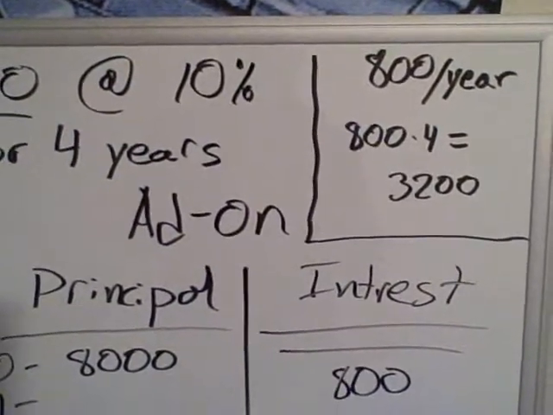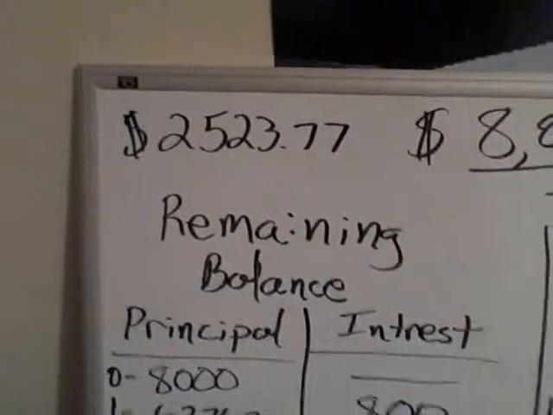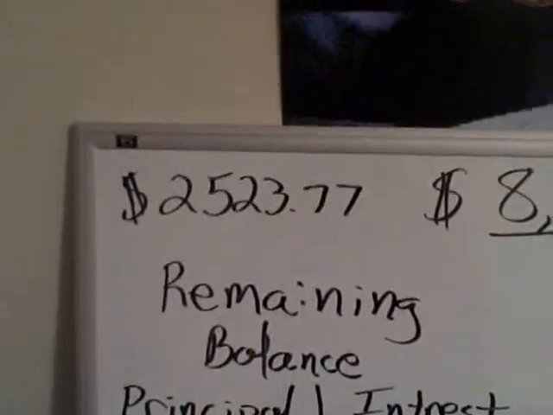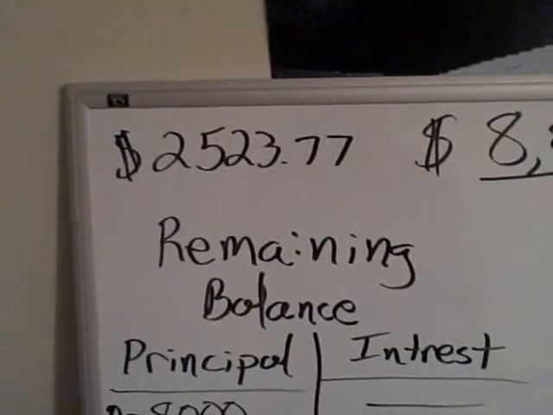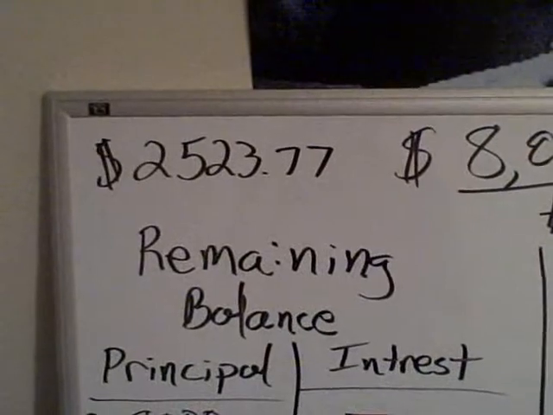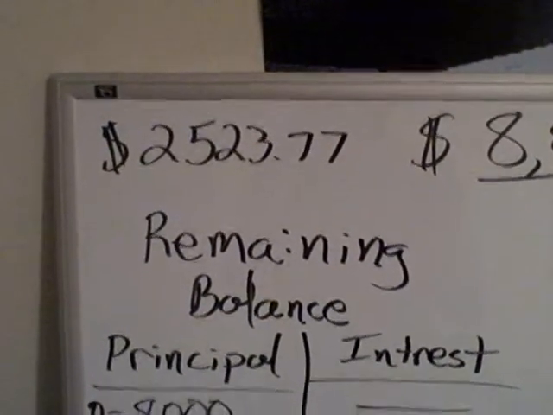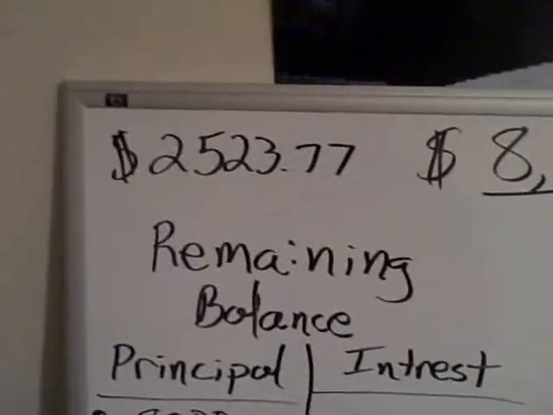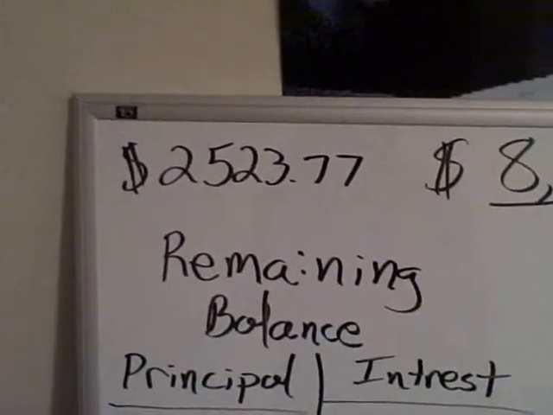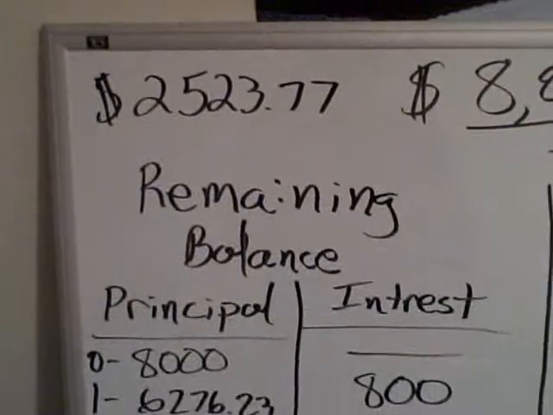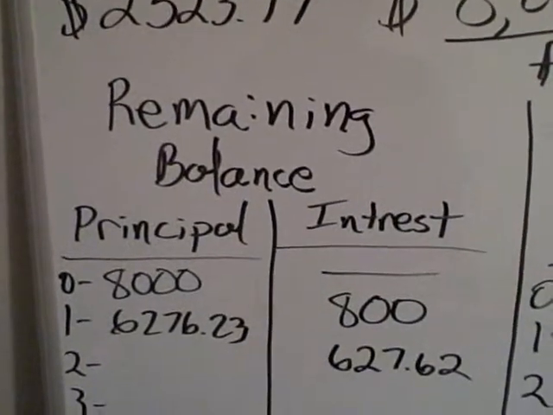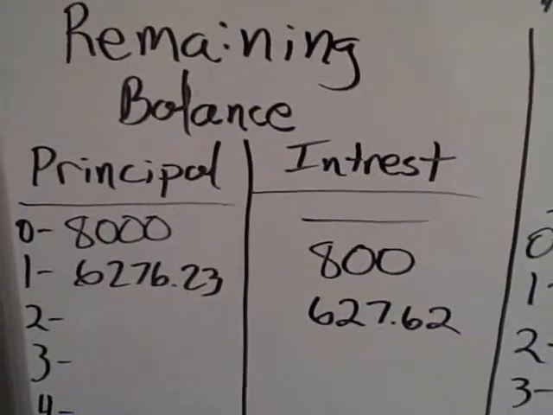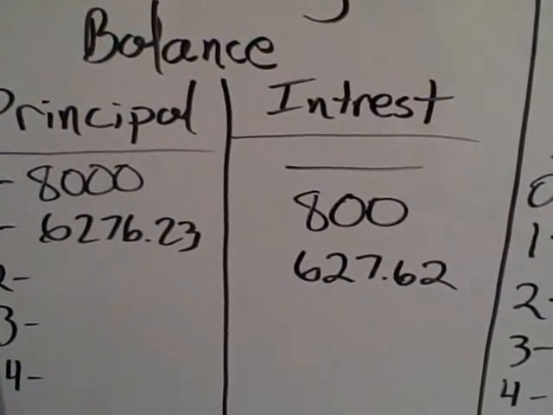But for the remaining balance method, as you can see, the payment that you're making is a very odd number, and you have to do a fourth degree polynomial in this case to calculate it. So it's not easy to understand, so a lot of people don't like that. But in total, in the long run, you're actually going to be paying less because you're paying less interest over time.